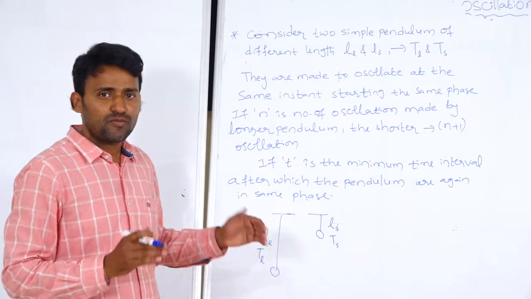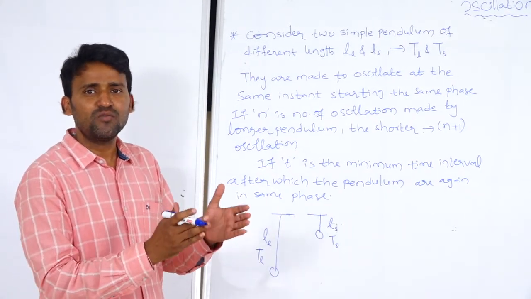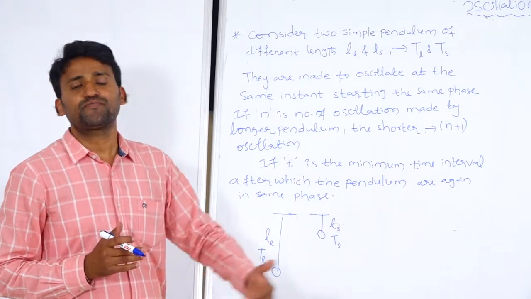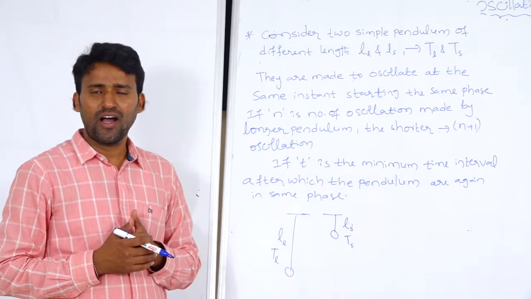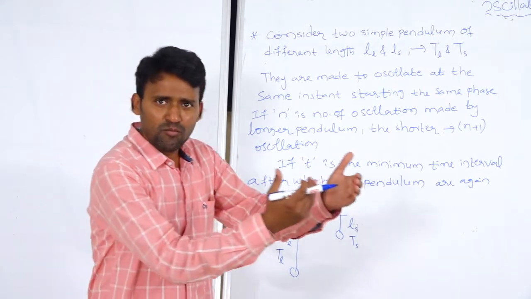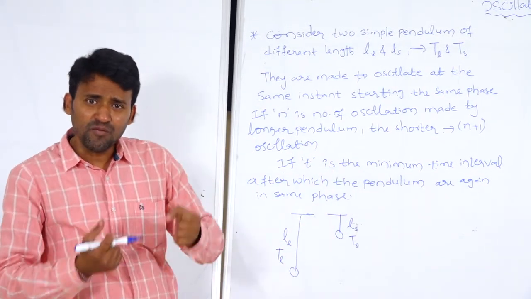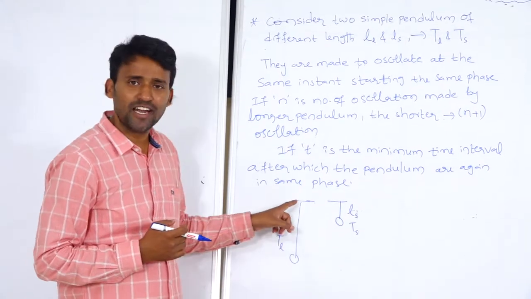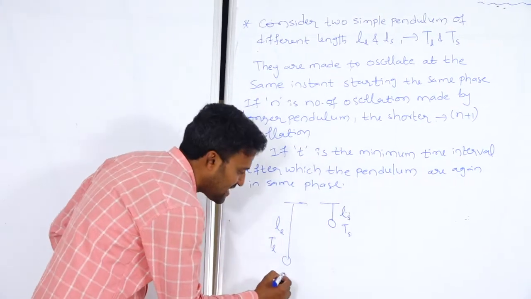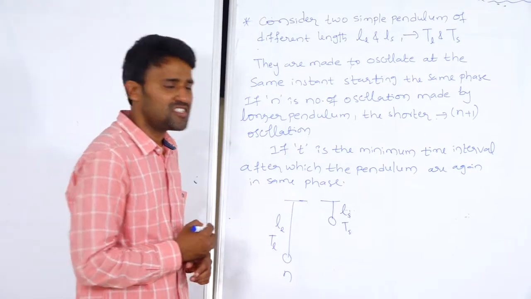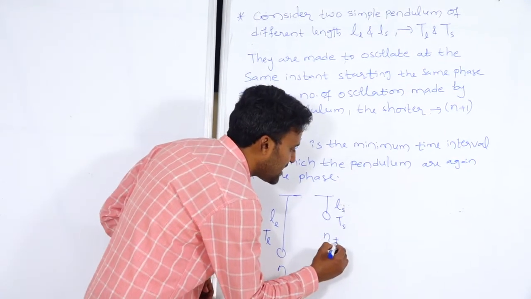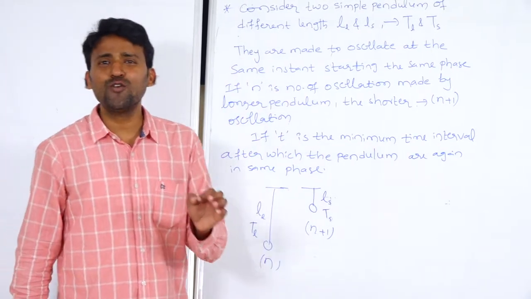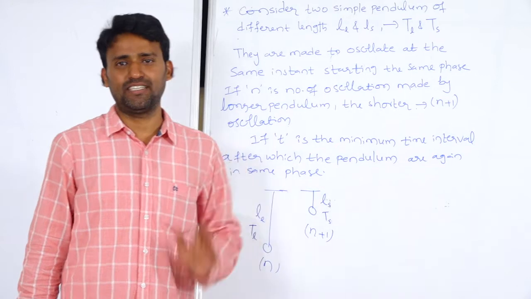Both start oscillating with the same phase, but after t time interval, both are again coming into the same phase, but the oscillations are different. The oscillations done by the longer pendulum are n and by the shorter pendulum are n plus 1. So what is the number of oscillations we have to calculate?